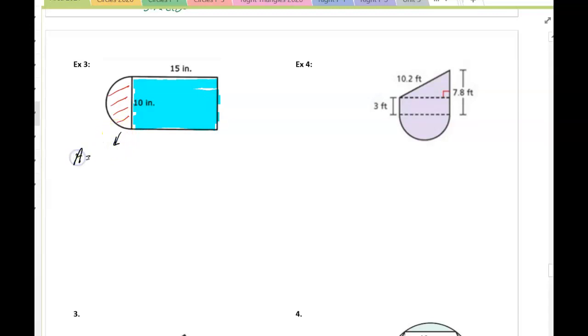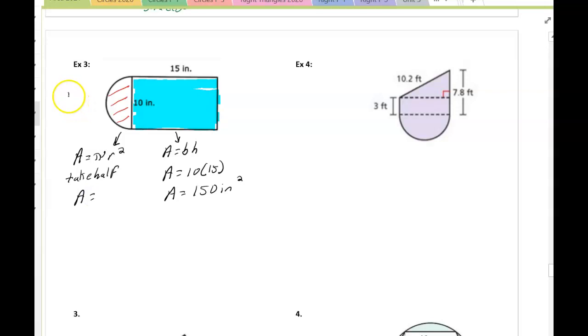So the area of a circle is pi r squared. After we figure that area, we're going to take half of that answer. And then we need to find the area of the rectangle, which is base times height. So the area of the rectangle is going to be 10 times 15. So the area of the rectangle is 150 square inches.